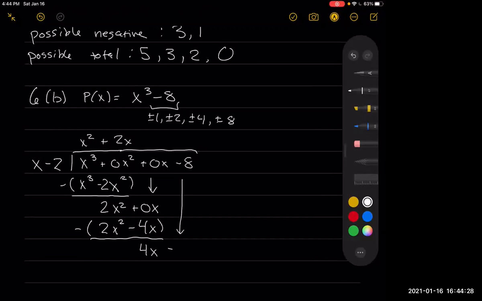We bring down our negative 8, and we will have a plus 4 here. And we will have a 4x minus 8, which will give us our 0. So this gives us our remainder is 0. Perfect. So that's good. This verifies that this is for sure a zero.